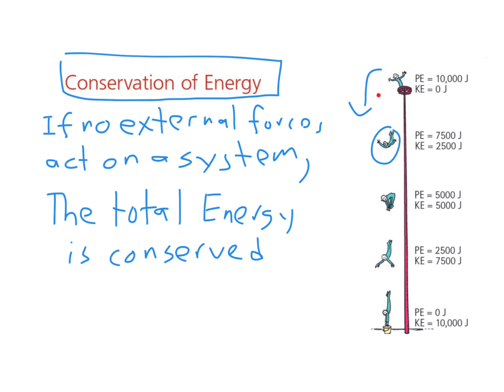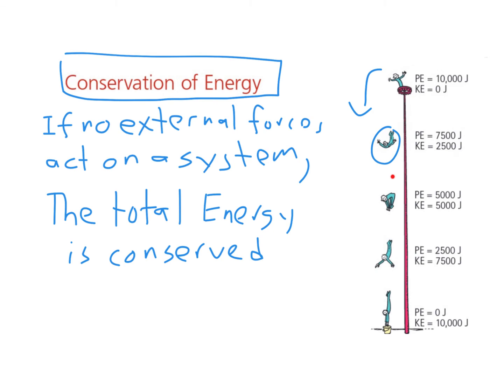As he steps off the platform and dives downward, the h is getting smaller, and so his potential energy is decreasing. Now, at this point in the motion, his potential energy has decreased to 7,500 joules, but what does the total energy have to be? It's got to be 10,000. So you know that at that point, the kinetic energy has to be 2,500 joules, because 7,500 plus 2,500 is equal to 10,000.